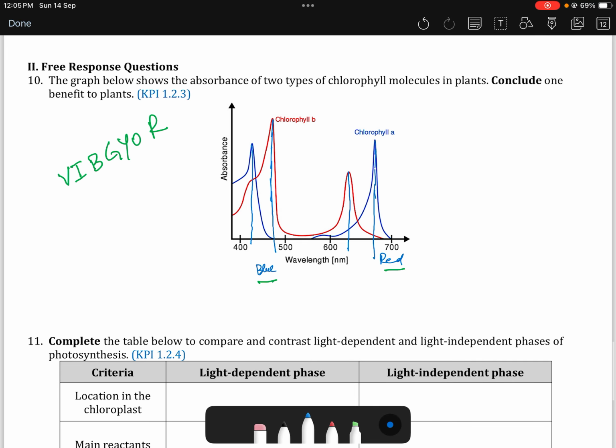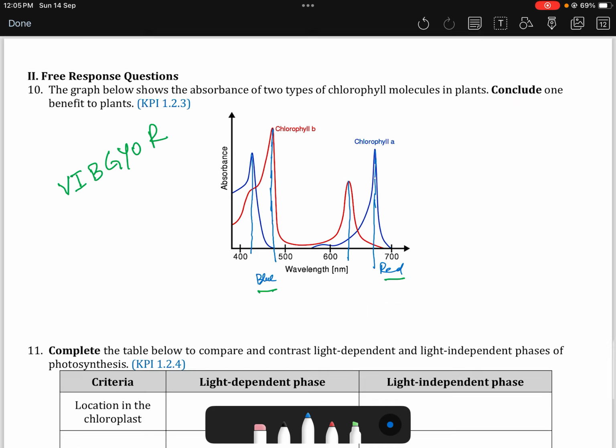Now we have this graph. We need to use the graph that shows the two types of chlorophyll molecule and conclude one benefit to the plant. So we have to give a conclusion. Since they have two types of chlorophyll, which helps the plants to absorb unique wavelengths of light, they can efficiently absorb a wide spectrum of light energy for photosynthesis, and this helps to maximize their ability to convert light energy into chemical energy.